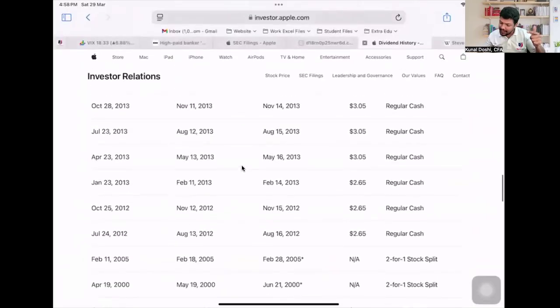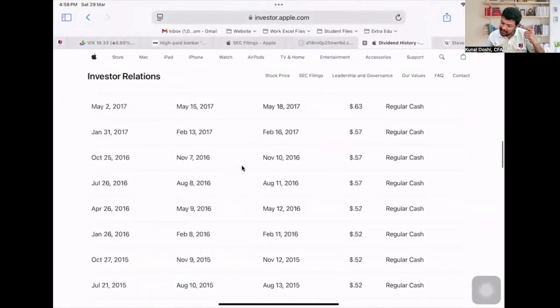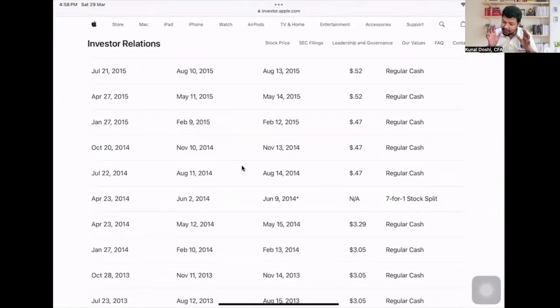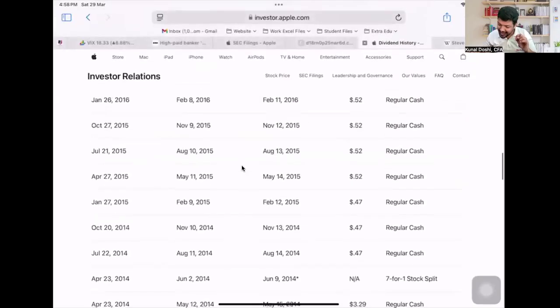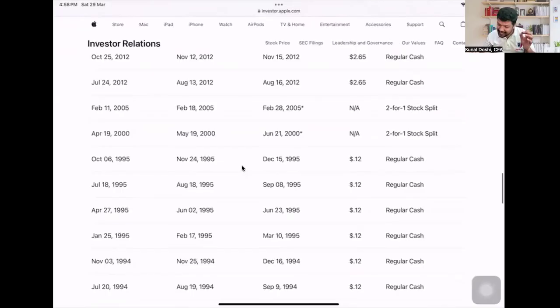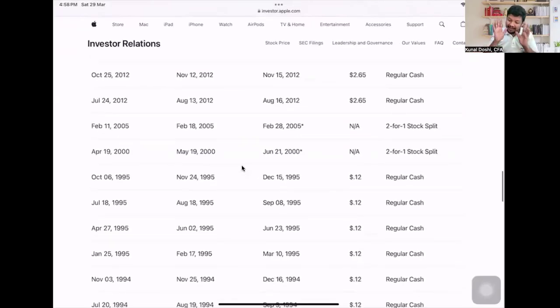After 2012, they have been consistently paying cash dividends, whether they like it or not. You see, there is a huge gap, which no one will tell you. After 1995, they did not pay dividends till 2012. I might be wrong, maybe, but I just see what is there in the SEC report. Based on that, I'm making the conclusion.